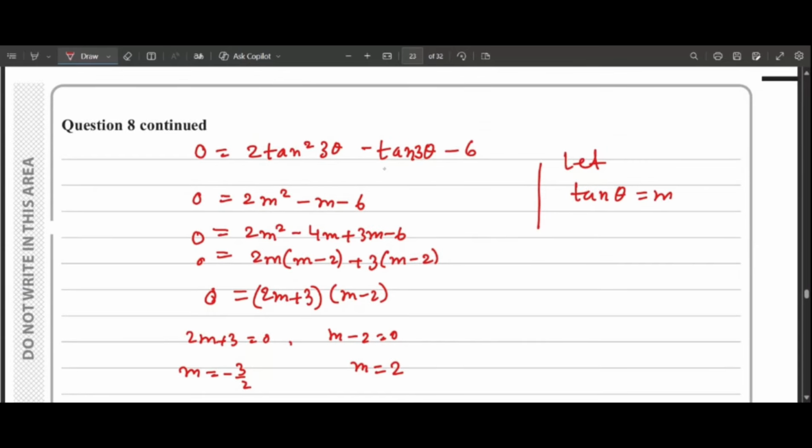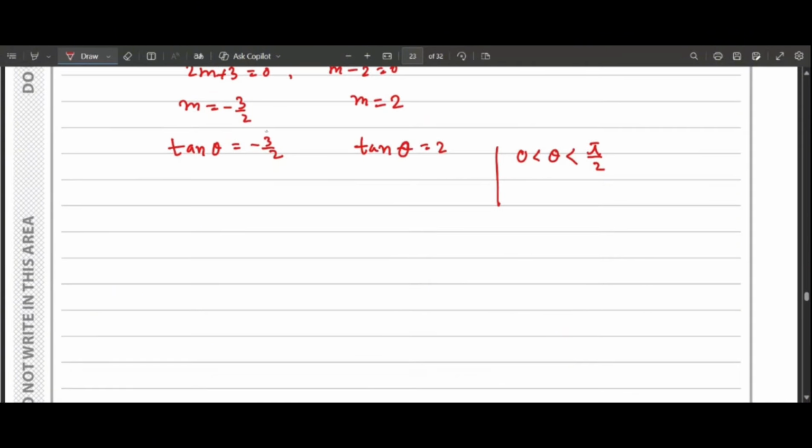I'm sorry, we assumed that tan 3 theta is equal to m. So here it will be tan 3 theta. So we know the range for theta. We now have to find the range for 3 theta. The range for 3 theta would be 3 theta is greater than 0 but less than 3 pi by 2.